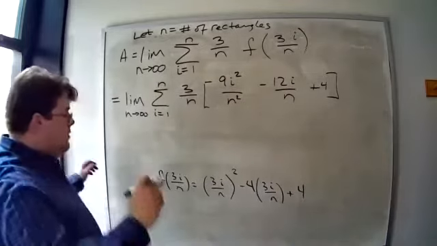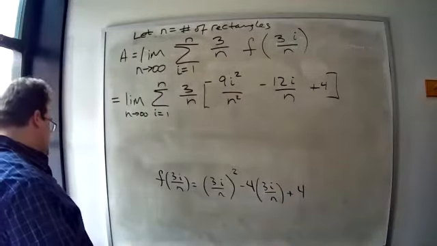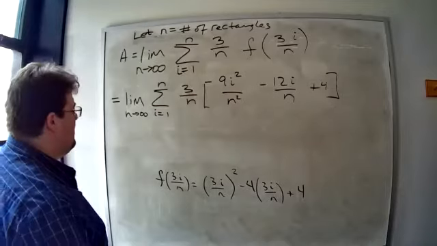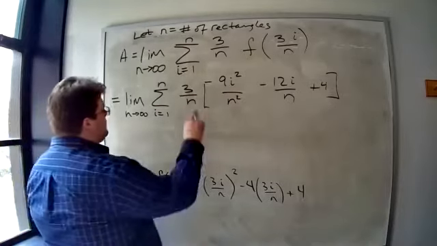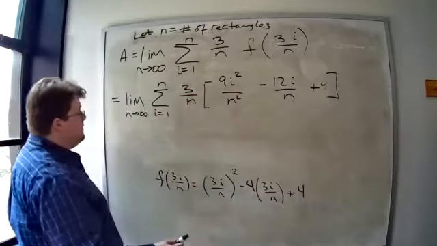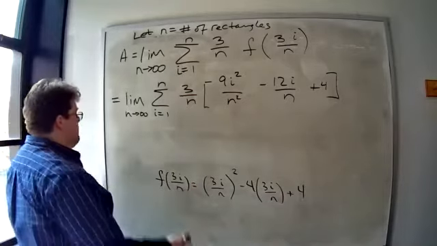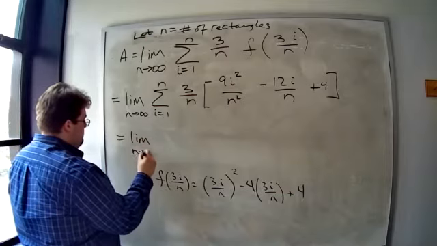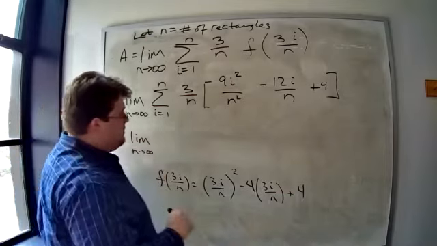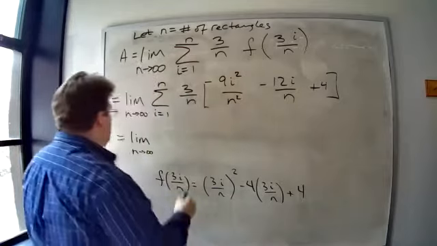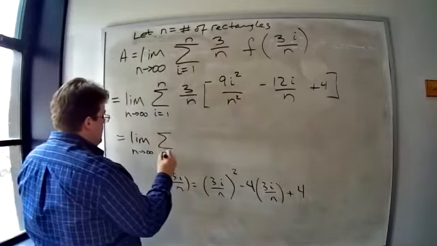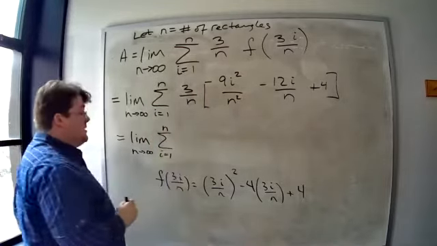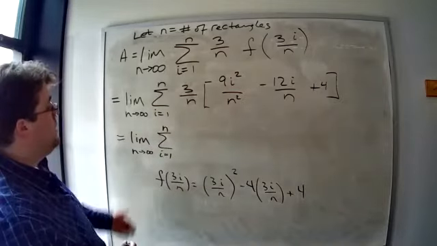Now, for the next part, you could jump straight to using those formulas. I tend to prefer to distribute this first. I'm not really sure why, but I always do. So that's what I'm going to do. We still haven't taken the limit. We still haven't taken the sum. But let's distribute this.